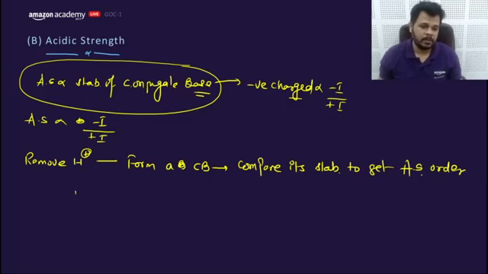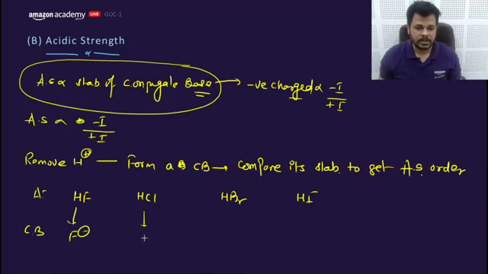Let's have an example. HF, HCl, HBr, HI. These are the acids. What are the conjugate bases of all these acids? Remove H plus. This would be F minus, Cl minus, Br minus, and I minus.